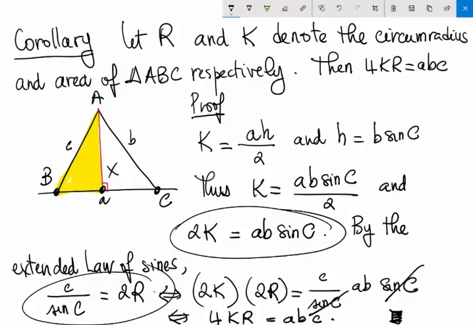Okay, this completes the proof of our corollary and also the proof of our lesson.